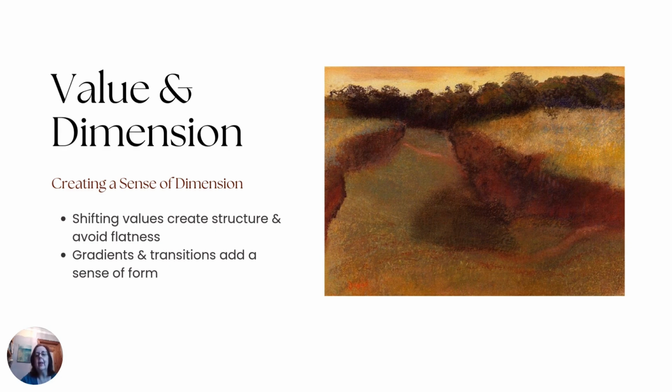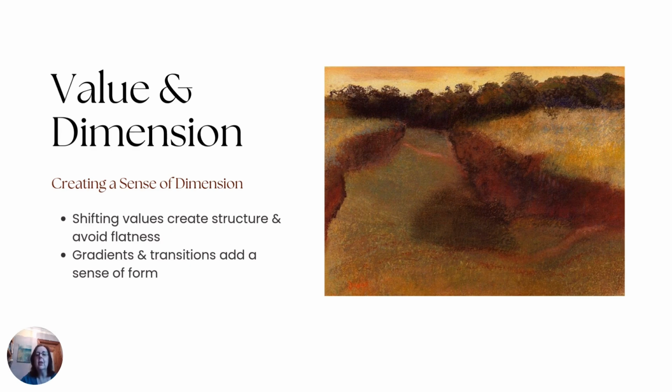Instead of relying on clear details, Degas uses tonal shifts to shape the landscape. The darkest values anchor the trees, while the wheatfield is defined by a range of lighter tones that gradually fade into the background. The contrast between these areas creates a sense of depth.